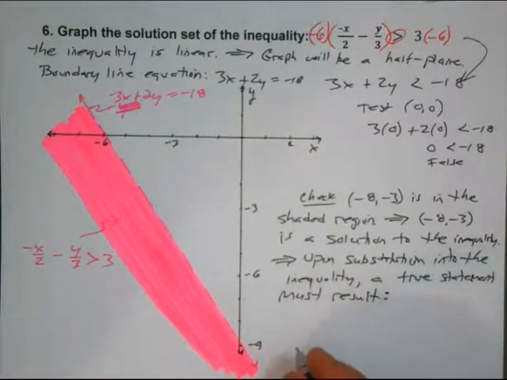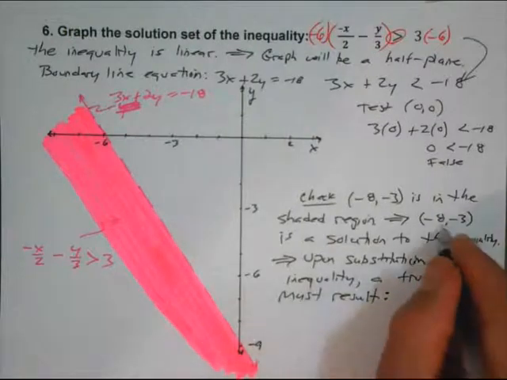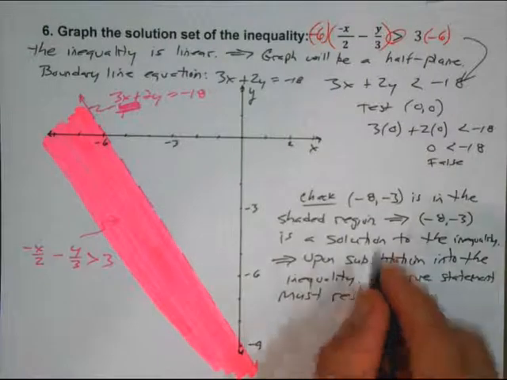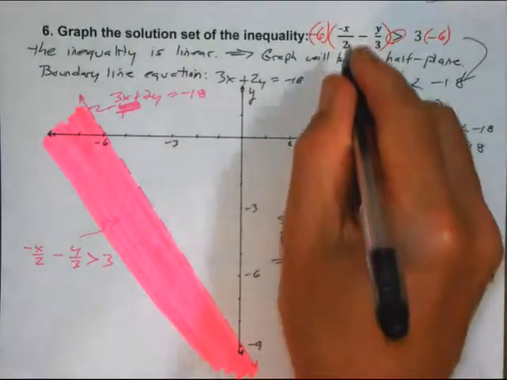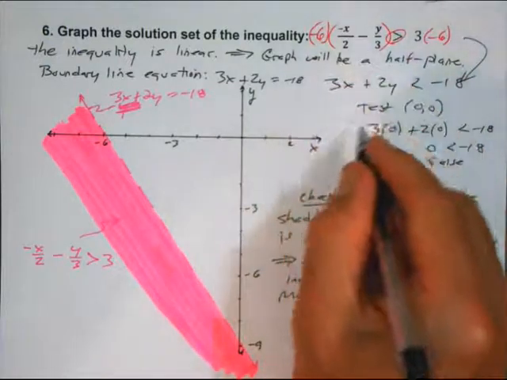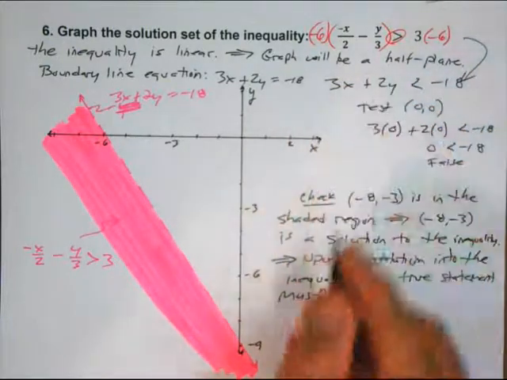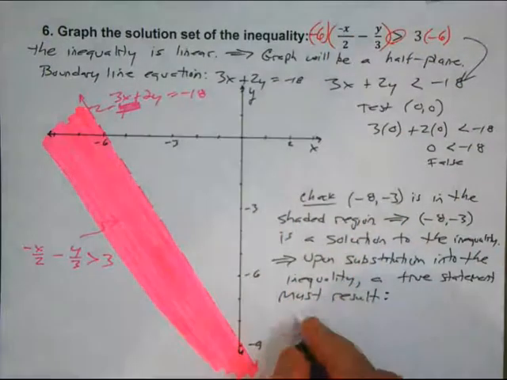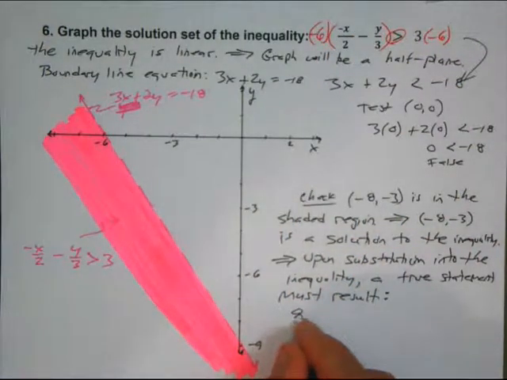Let's see what happens. Alright, x is negative 8, y is negative 3. Again, the original inequality here for sure, because part of the check is to make sure that our algebraic rewrite didn't go astray. Okay, so here we have a negative x, negative of negative 8, that's positive 8, divided by 2.